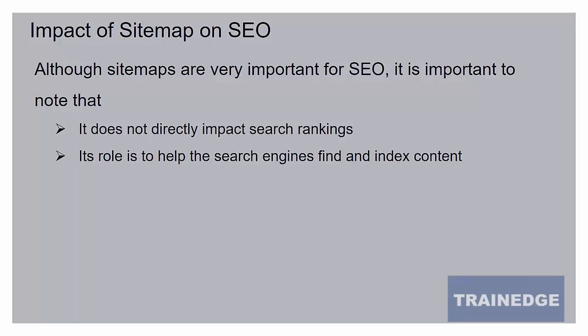So the sitemap's role is to help the search engines find and index pages on the website and figure out what the page is about once it gets indexed. So a sitemap's basic role is helping search engines discover content.